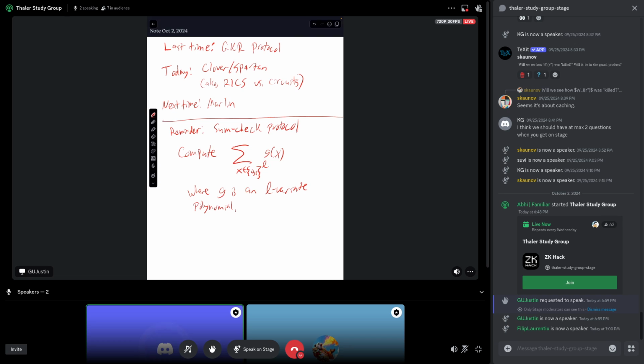Okay, I guess we'll get started and ease into things. So last time I finished covering the GKR protocol, which is an efficient interactive proof for evaluating a circuit.